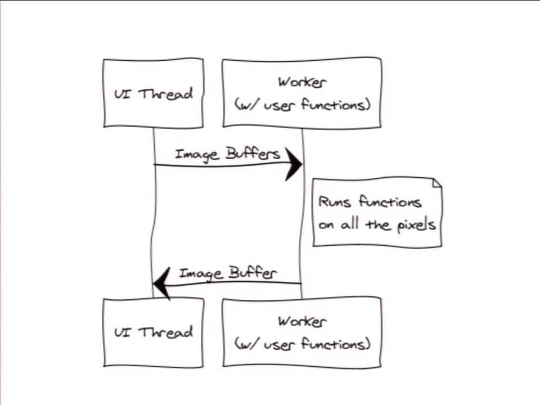So I'll show you some examples of this. But the user supplies a function, the library creates a worker for you. Whenever a tile loads, whenever there's a reason to do new rendering, we transfer the image buffers to the worker, run the function on all the pixels. When that's done, message back to the UI thread and say, here you go, now the library in this case will re-render that as a layer.